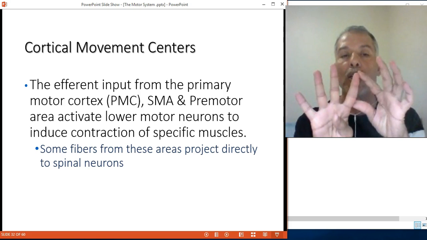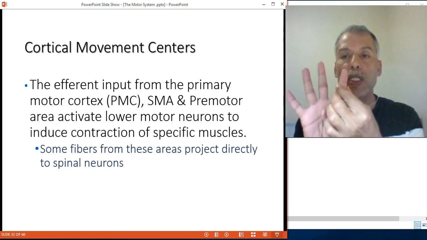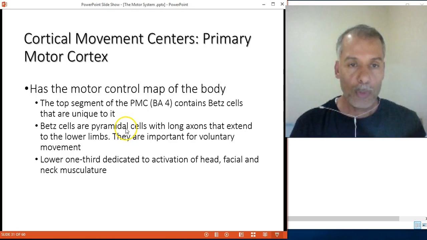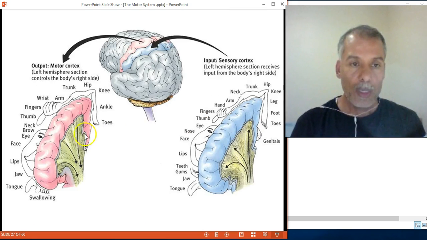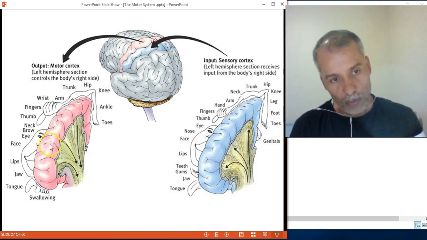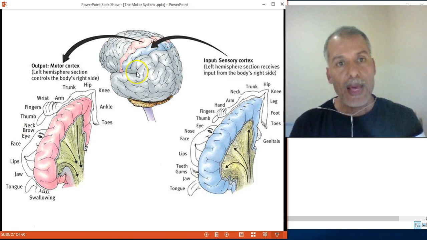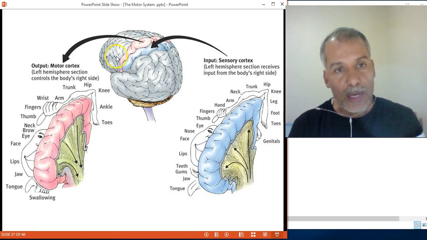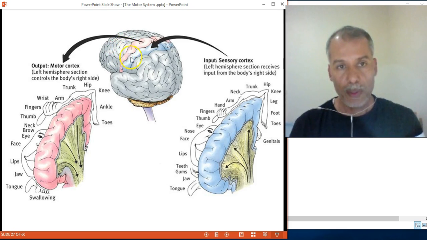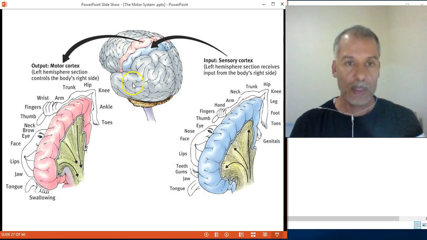Number one, you have the majority of the fibers coming from the primary motor cortex itself. So if you go here, the majority of these fibers come down right out of the primary motor cortex. Then the premotor area here is going to send 15% of the fibers that make the pyramidal tract.